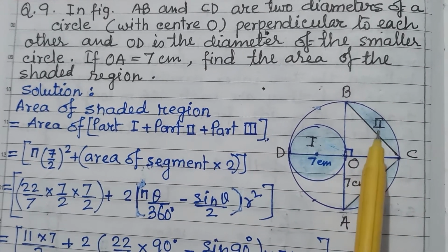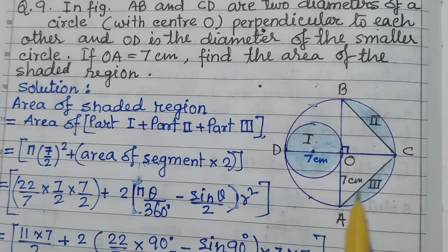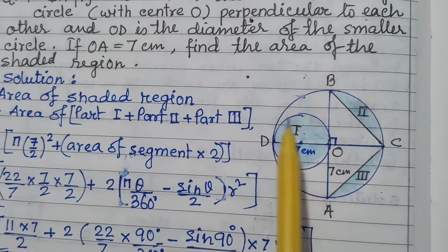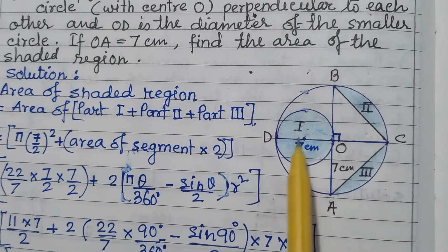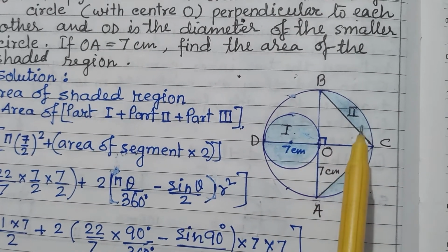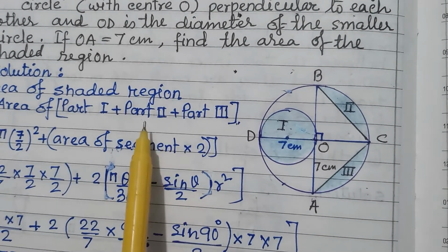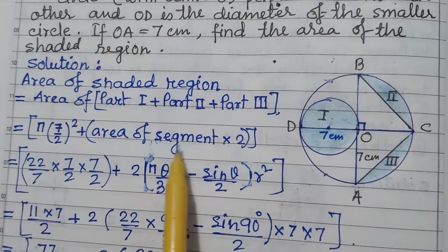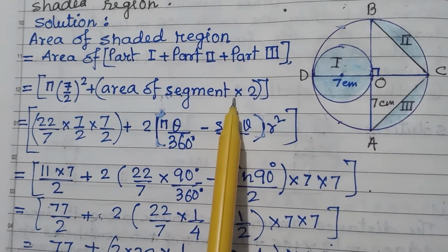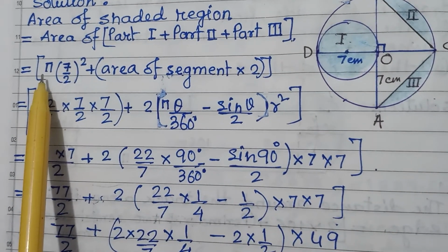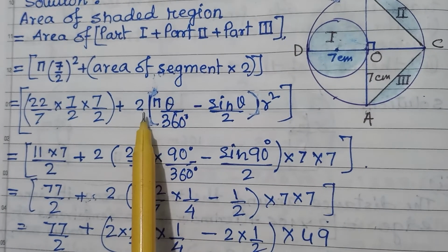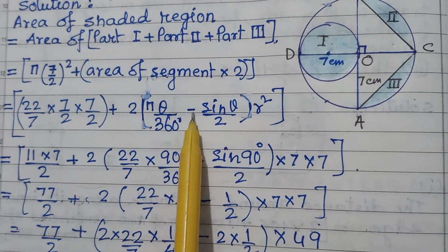Parts 2 and 3 are the segments of this quadrant, and this is the circle. So the area of the shaded region is the area of the smaller circle, this one, plus 2 into the area of the segment of the quadrant, part 2 and part 3. The area of the smaller circle is pi r square with r equal to 7 upon 2, and the area of the segment is 2 into r square upon 2 into pi theta upon 360 minus sin theta.